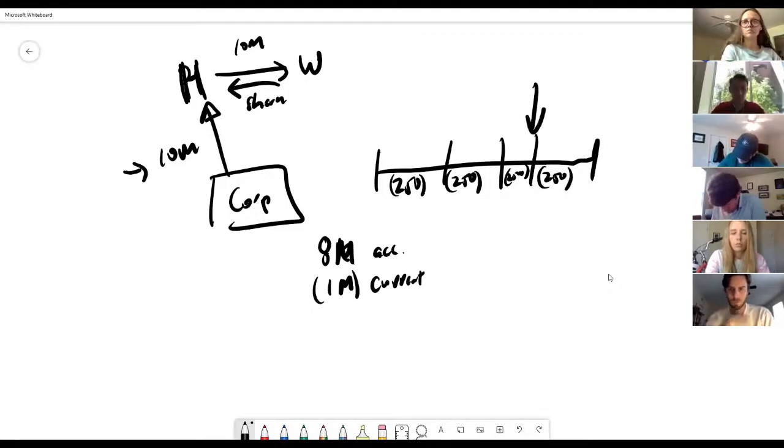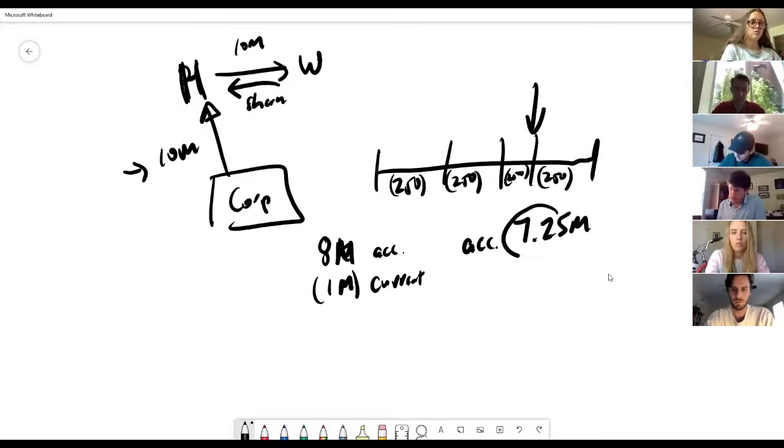And the distribution's occurring right there. So our accumulated E&P at the time of the distribution is 7.25 million. So husband is going to have 7.25 dividend income.